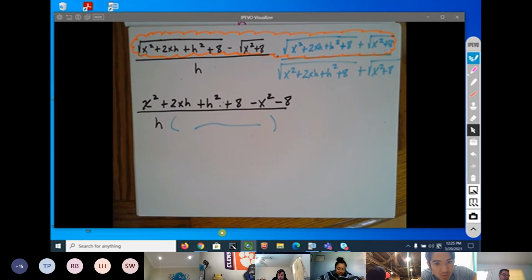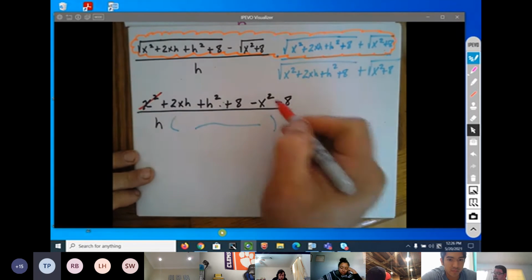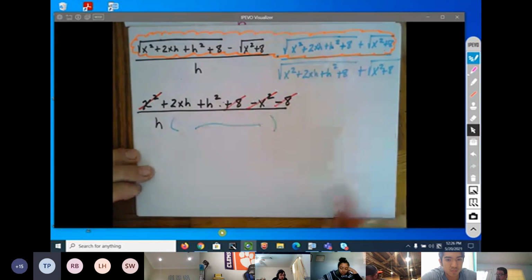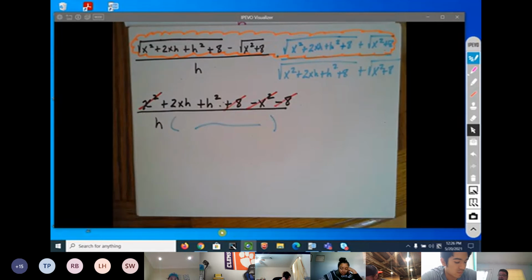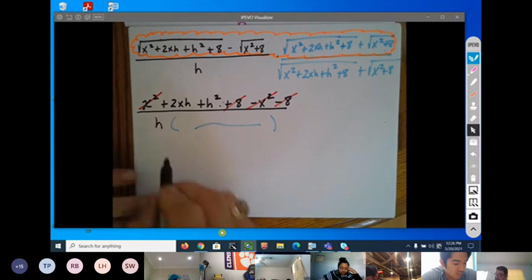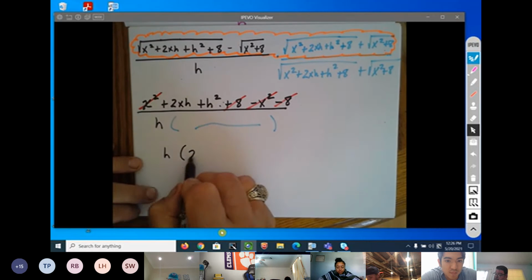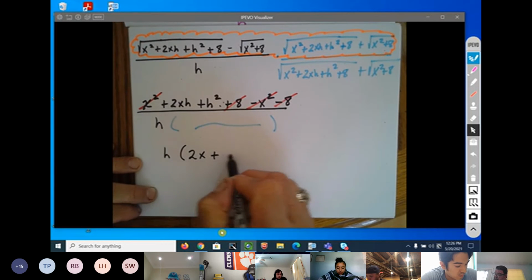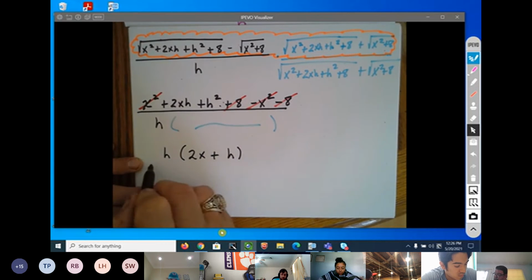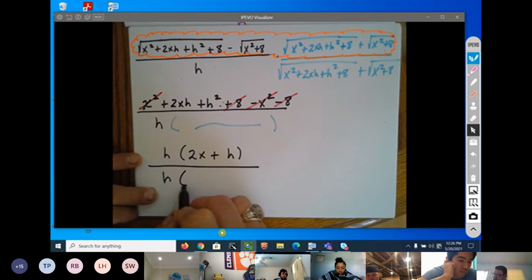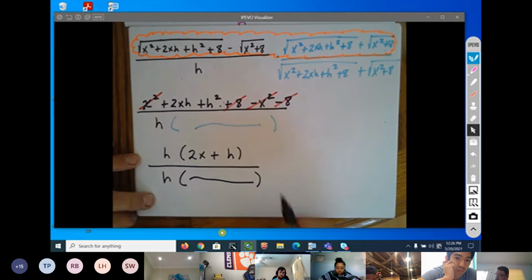Now somebody tell me, let me get my red pen out, somebody tell me what cancels. The x squared and the 8s. And is that supposed to happen? Yes. Probably. So now I'm going to factor out an h. 2x plus h over h times all that trash.